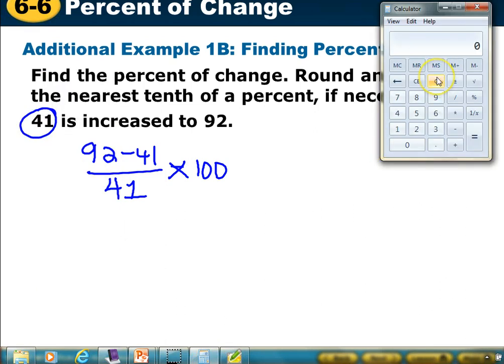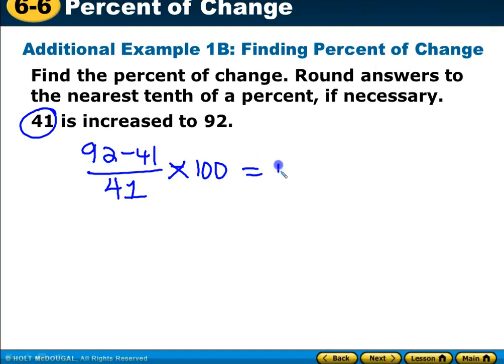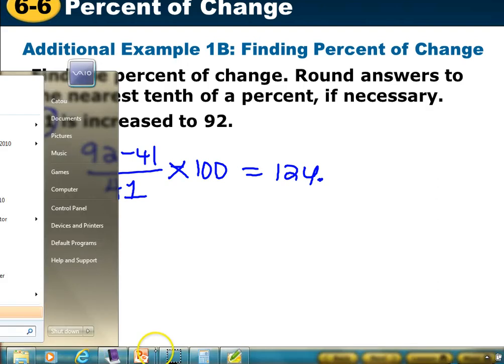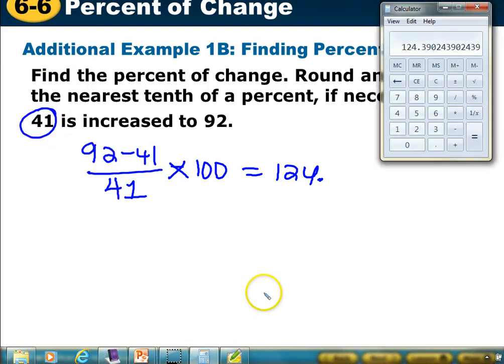So here we do 92 minus 41 and then divide by 41, then multiply that by 100, and we get 124 percent.